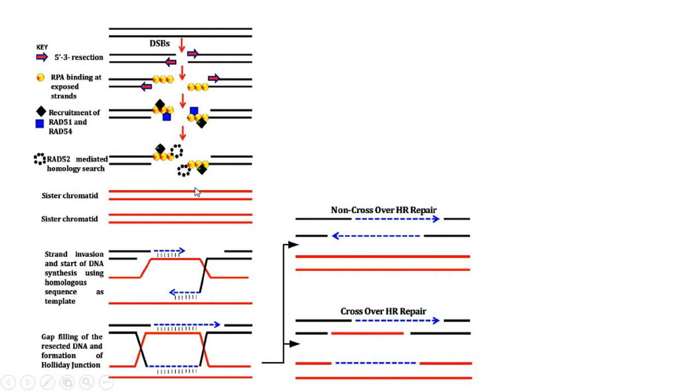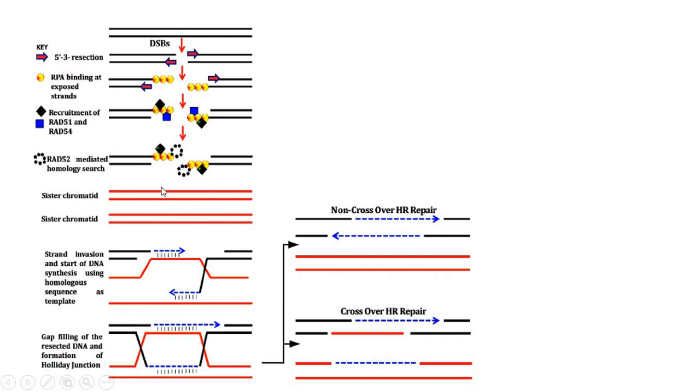So here now we have this broken strand of chromatid that will look for the homology in the sister chromatid. So these are sister chromatids. These open ends of DNA, these single-stranded pairs, will look for homology wherever they find it.